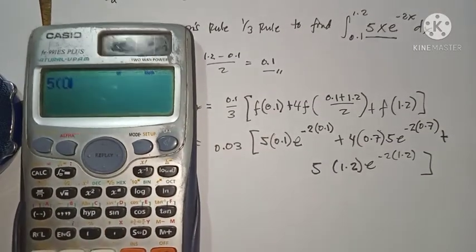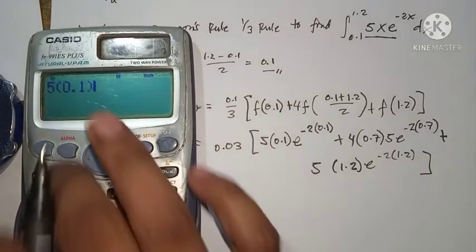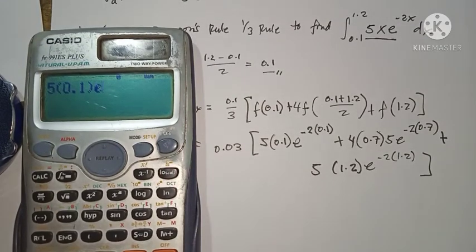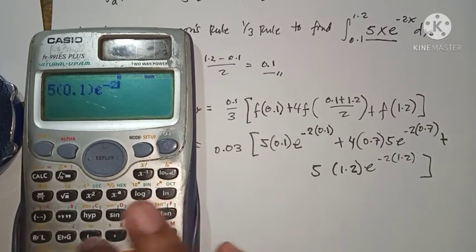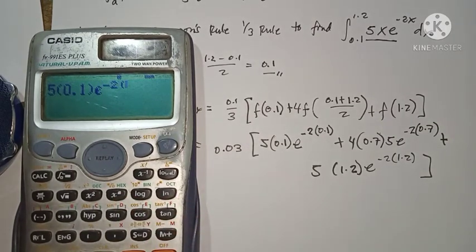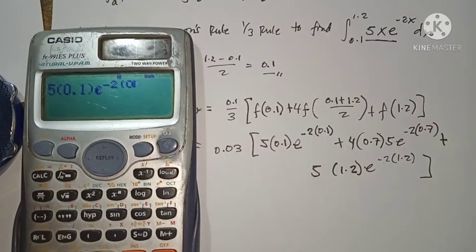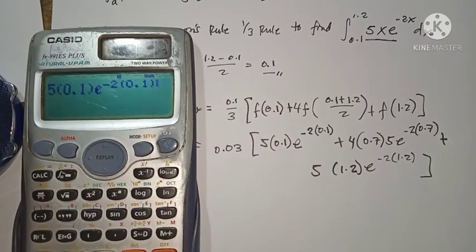For this, 5 times 0.1 times e raised to negative 2 times 0.1.